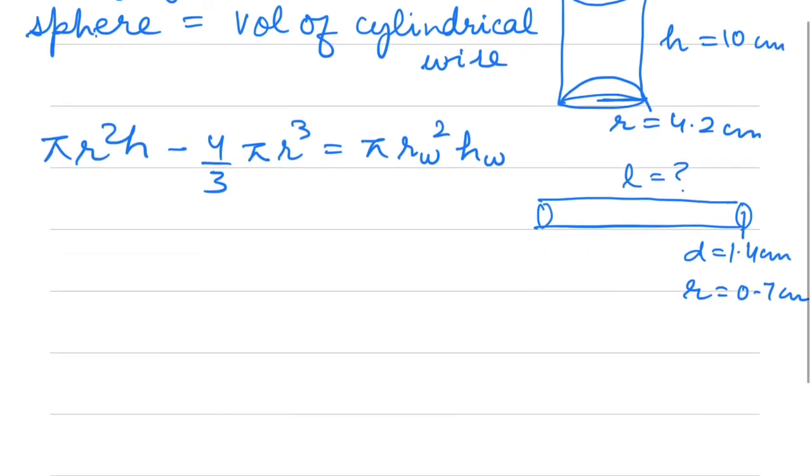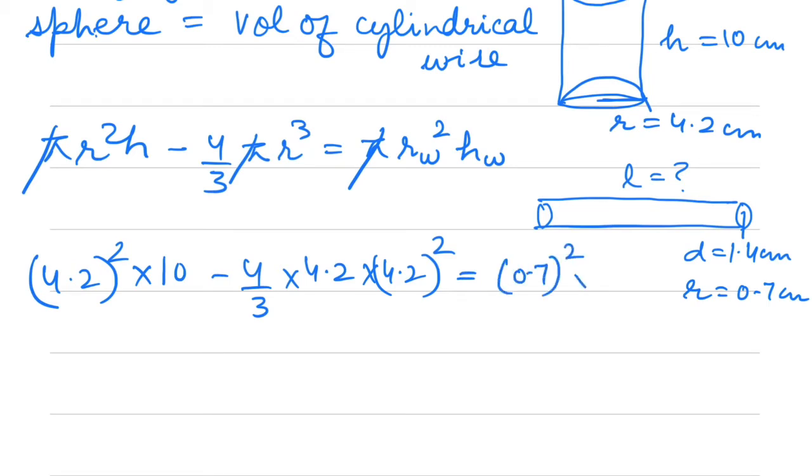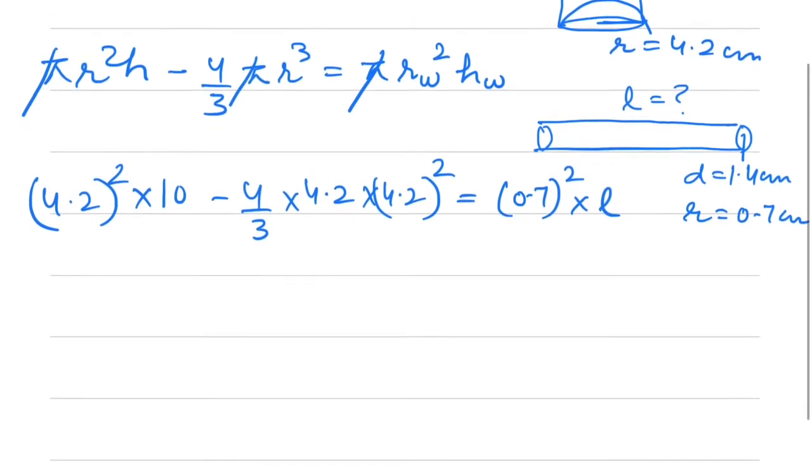Let's substitute the values now. So pi I can take common and it will get cancelled. I'm left with radius 4.2 whole square into 10 minus 4 by 3 into 4.2 into 4.2 whole square is equal to 0.7 whole square into length of the wire.